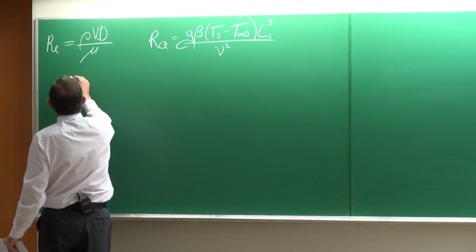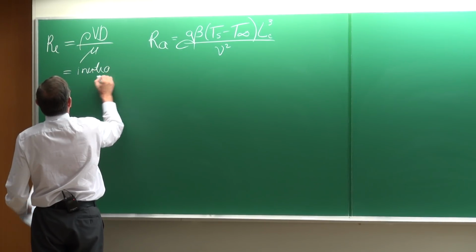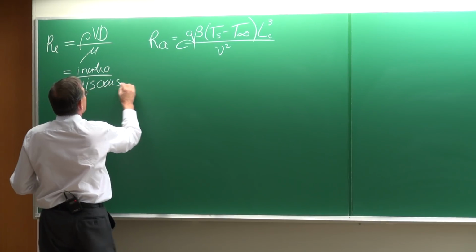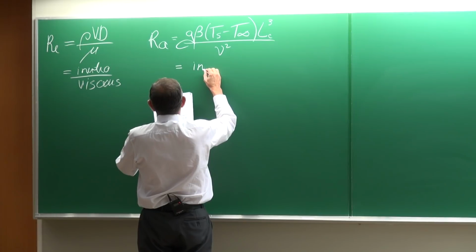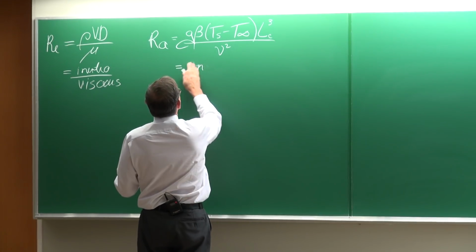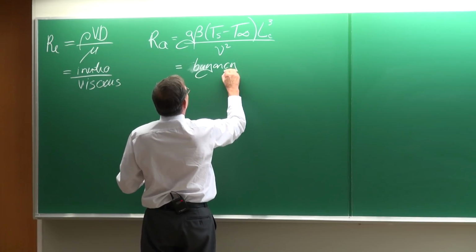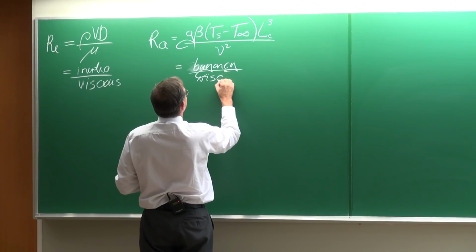The Reynolds number is the ratio of inertia forces to viscous forces, and the Rayleigh number is buoyancy forces divided by viscous forces.